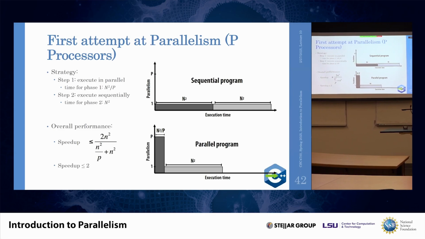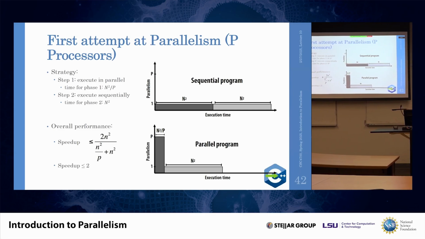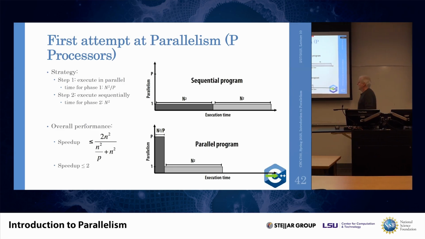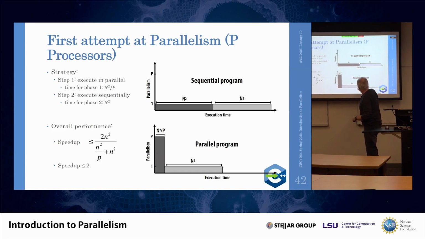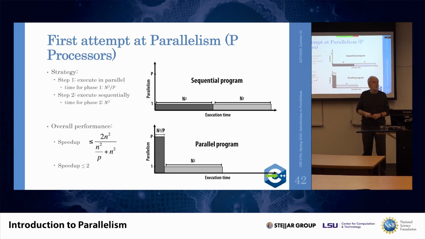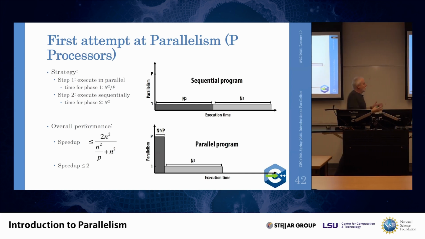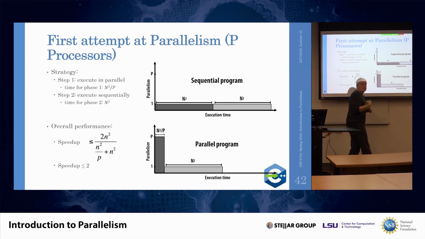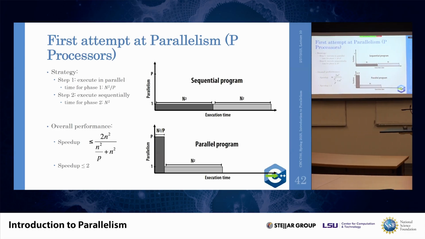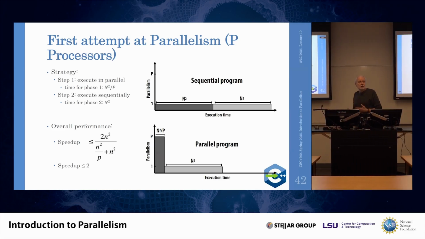That means our speedup can't even reach a factor of 2, no matter how many processors we use. You see it here in the graph. I can't get faster than a factor of 2 compared to the original sequential execution, just because I leave 50% of my execution untouched. And that's what I said: when you parallelize 50% of your code, in the best of cases, you can get a factor of 2.